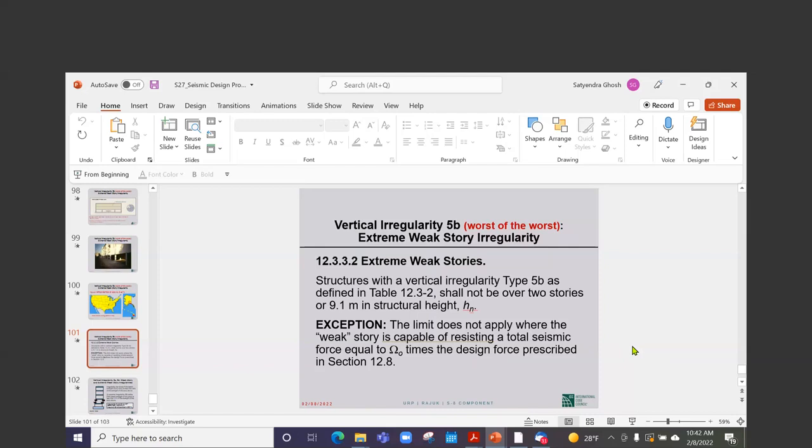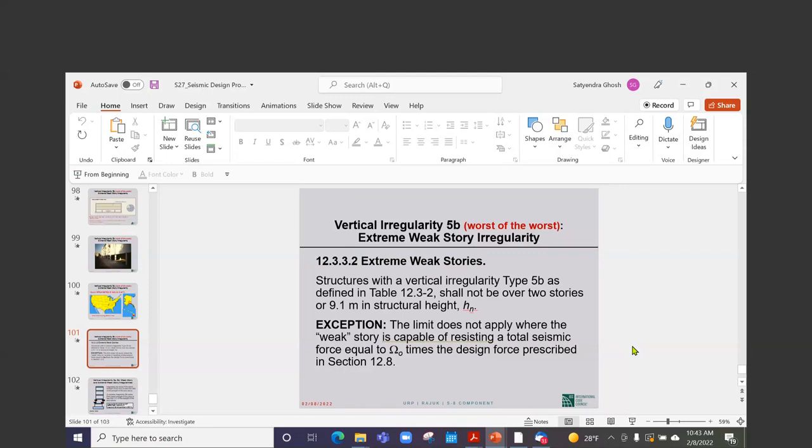You can do your drift computation under a rationally computed period T with the limit C sub u T sub a, or, for drift computation only, not for force computation, this I did not say, I should have said, you can ignore the limit C sub u T sub a. You can directly use the period that you computed from eigenvalue analysis.